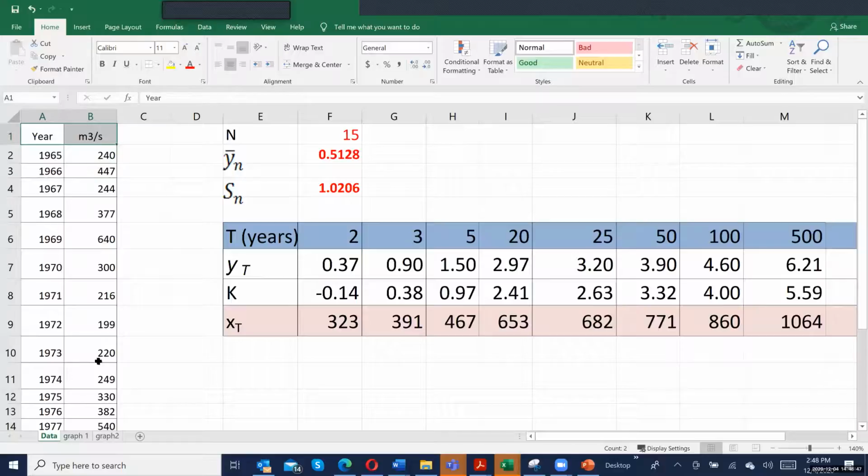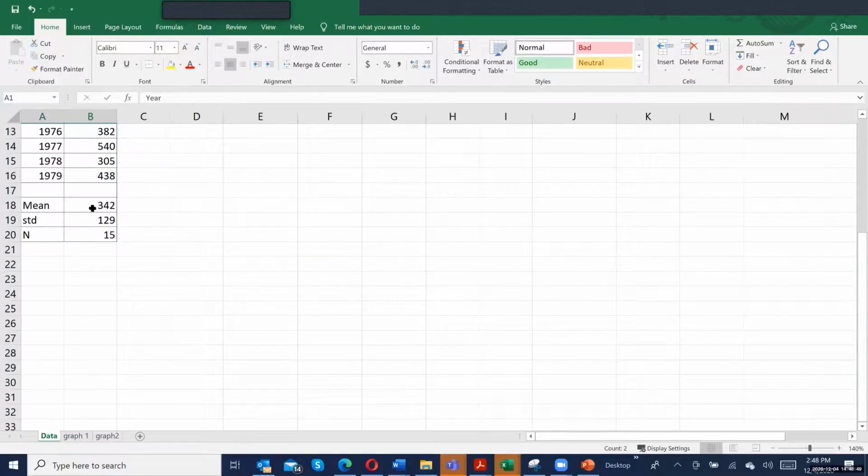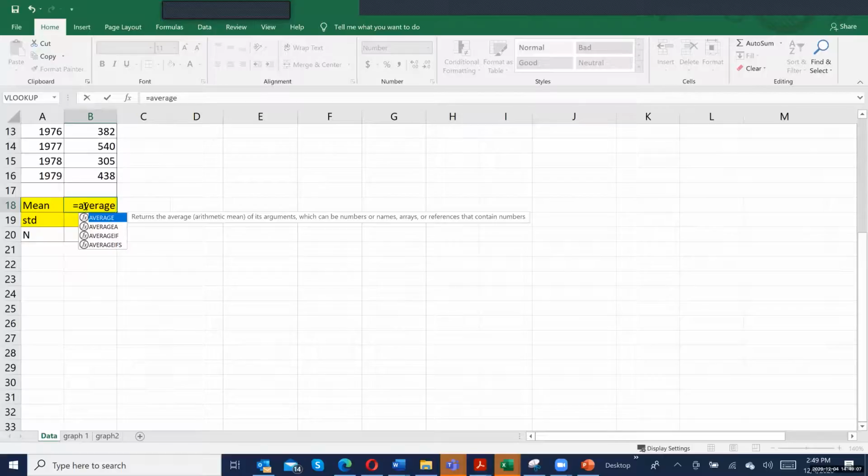Based on this data, the mean X bar is 342. This is the average. The standard deviation is 129. Sorry, I should have used the formula. Let me just use the formula.